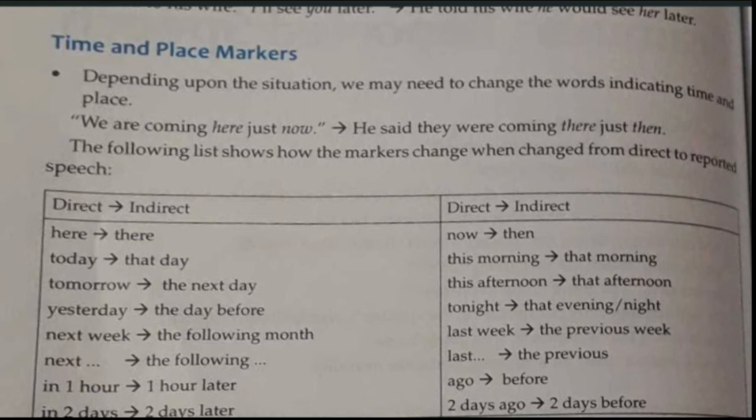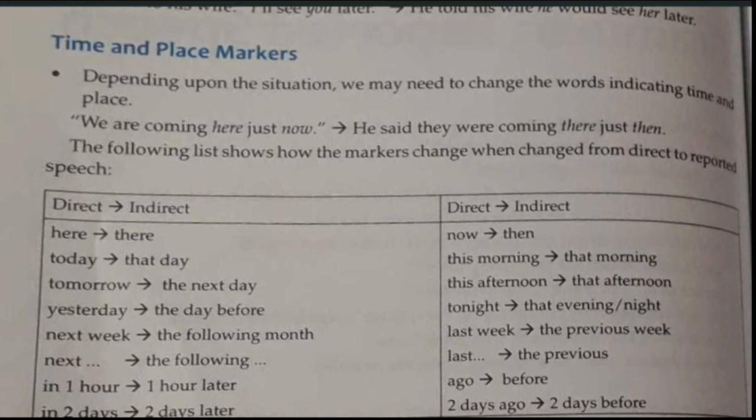In direct speech, he said, I will come here. Very simple. But when you change it into reported, he said he will come here today. So instead of he said he would come there the next day, you can do it like this. Instead of that long sentence, he said he will come here today.